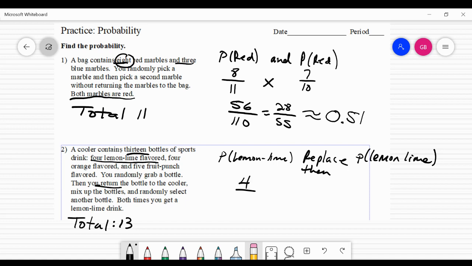So 4 out of 13 times 4 out of 13 because it was replaced. That's going to be equal to 16 over 169. And if you want to turn that to a decimal, that's going to be 0.09.